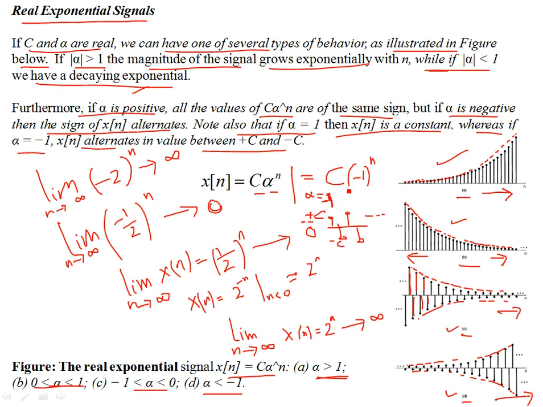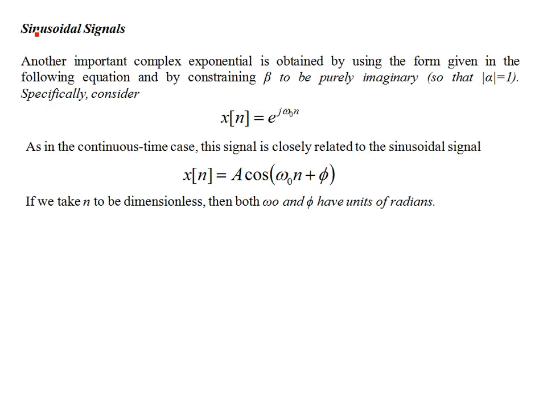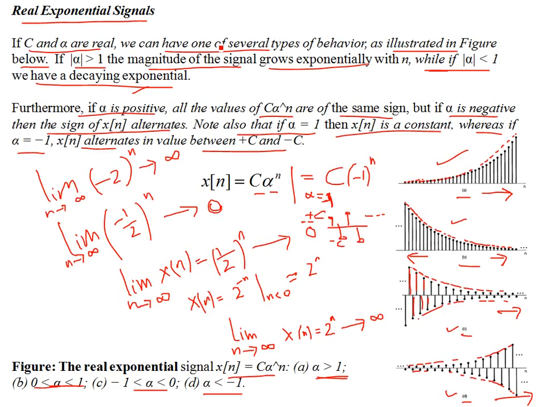Okay, all right. Now how you can derive sinusoidal signals is another important complex exponential, obtained by using the form given in the following equation and by constraining beta to be purely imaginary. So how you can obtain sinusoidal signals from the generic form of the exponential sequence is by constraining the exponent to be purely imaginary.